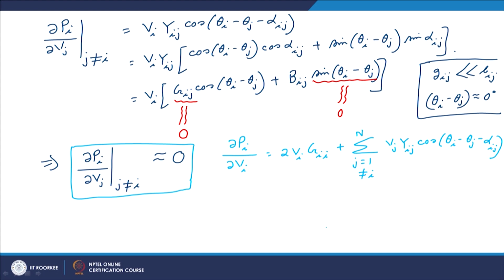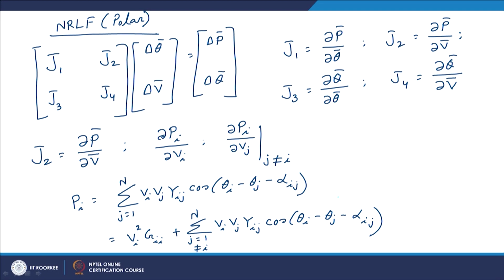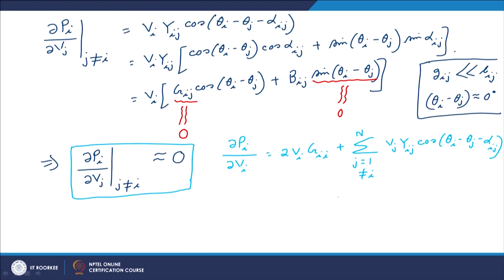Because we are taking the derivative with respect to V_i, and from this expression V_i would be everywhere, so then this summation term will come. We have already looked into this.